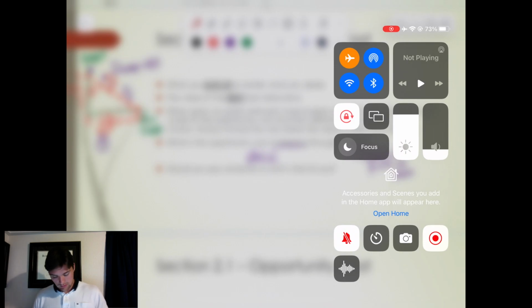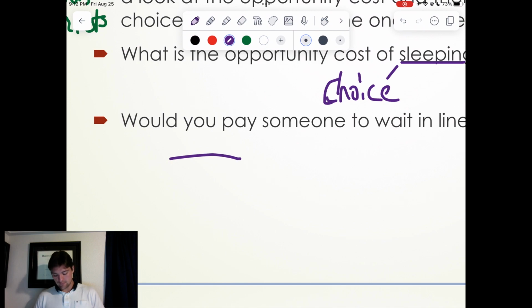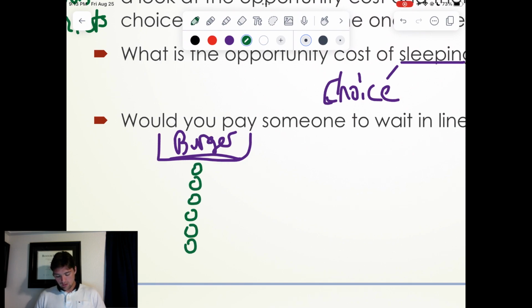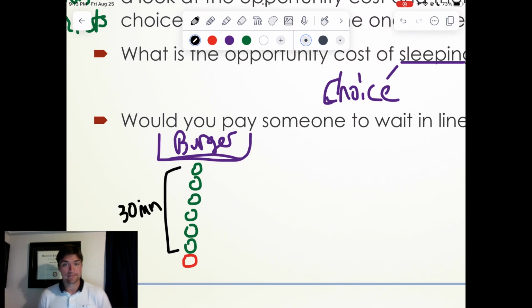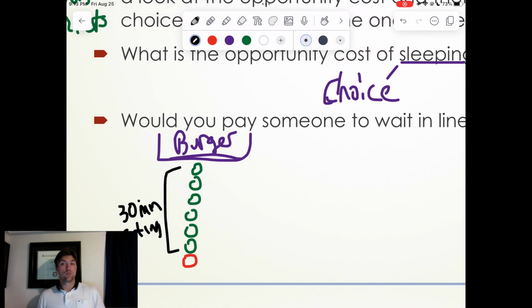So if we are waiting in line for a burger, so here is the burger stand, and you have all of these people here, and you are in the back, and you're looking, and you're like, you know what, it's going to be 30 minutes of wait time. But you are a very important person, and you don't have 30 minutes to wait around.